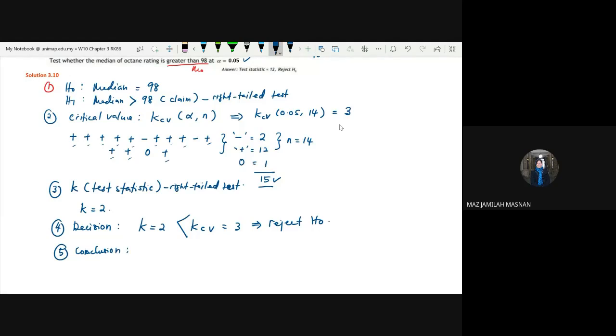Now what is our claim? Our claim is the alternative, and yet we reject the null hypothesis, which means that we have sufficient evidence to support our claim.